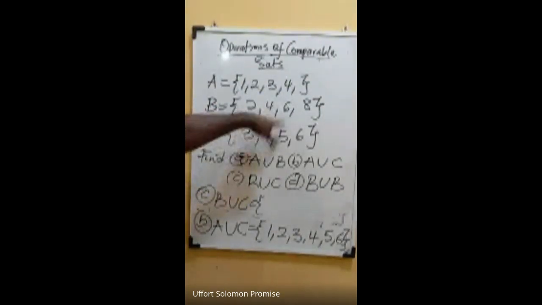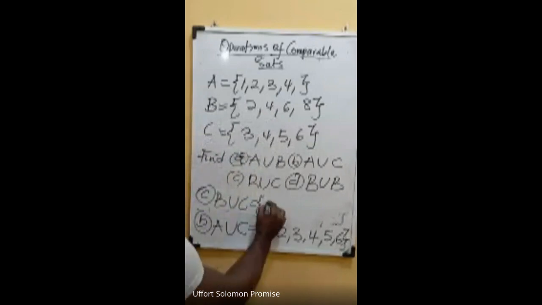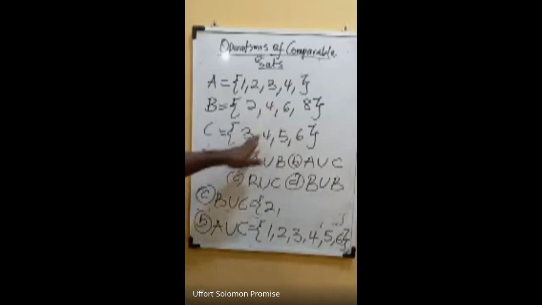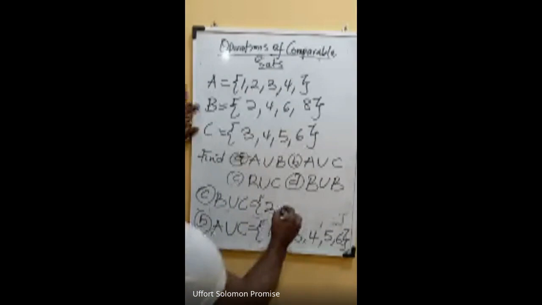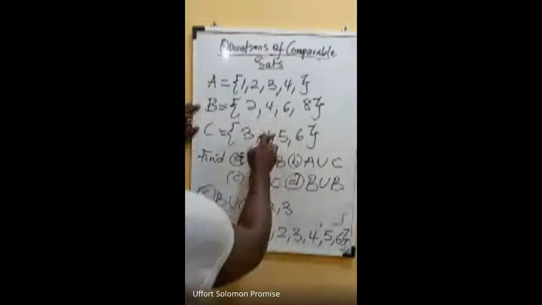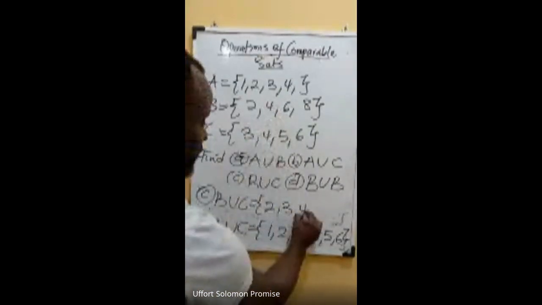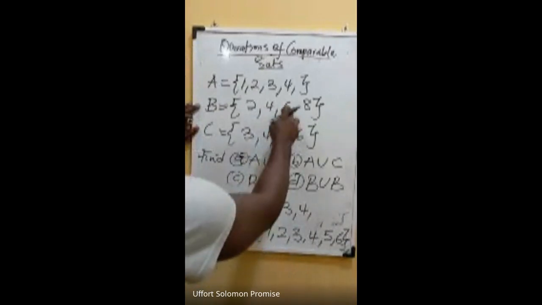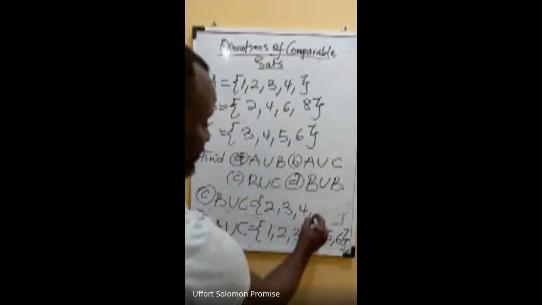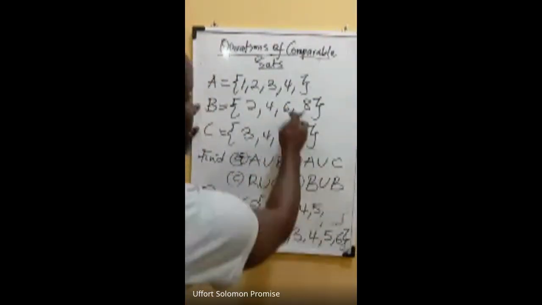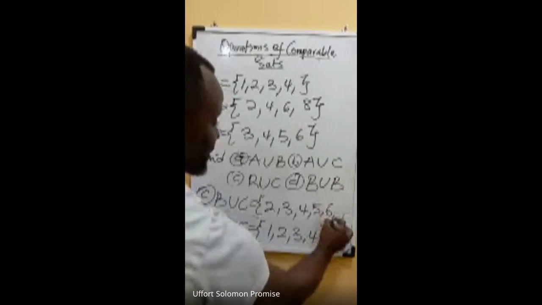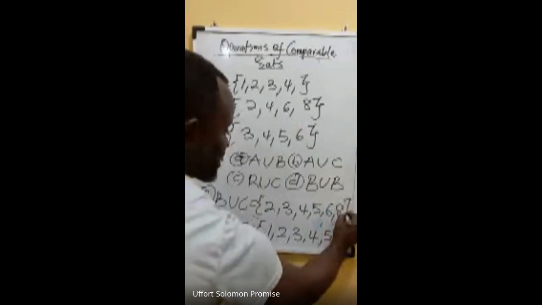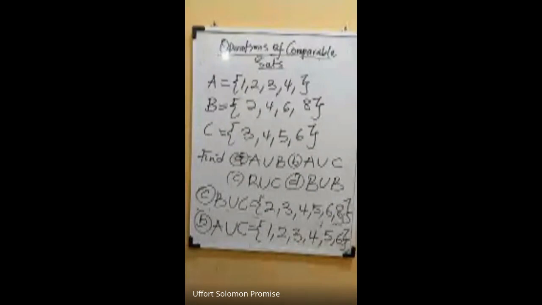We have 2, 2 is not repeated. We have 3 here, we just have one of it. Then 4 and 4 here, we pick one and bring 4. Then what goes next? 5. And what goes next again? 6 is repeated, we take one. Then the next is 8. So we have compared set B with set C.